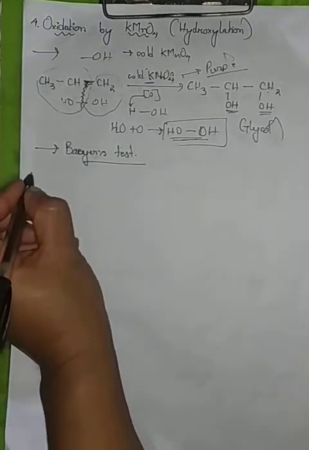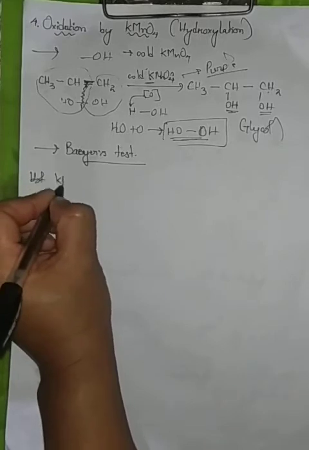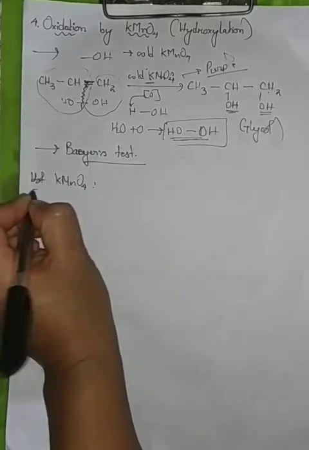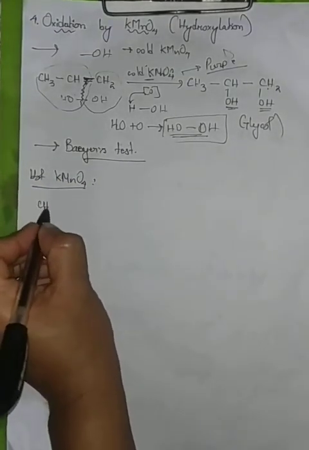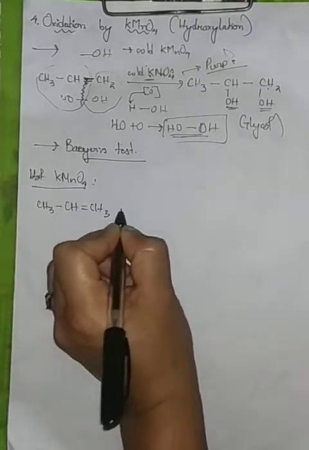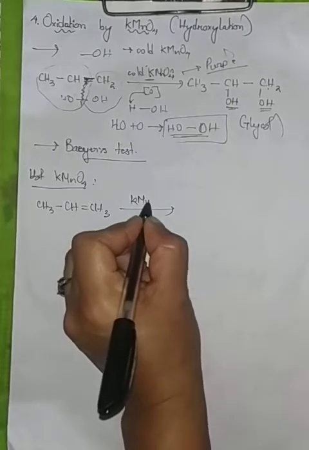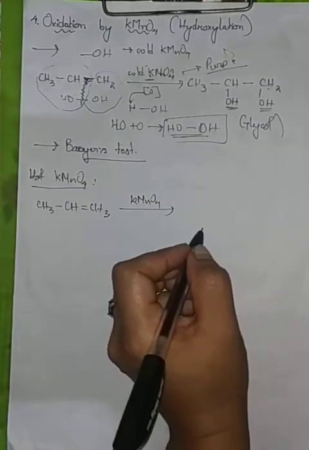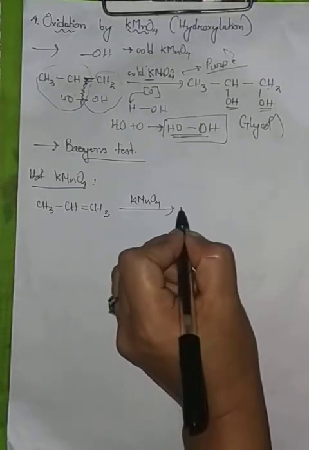Now what happens when it reacts with hot KMnO4? Now when hot KMnO4 and alkene are used here, oxidation occurs in this process.